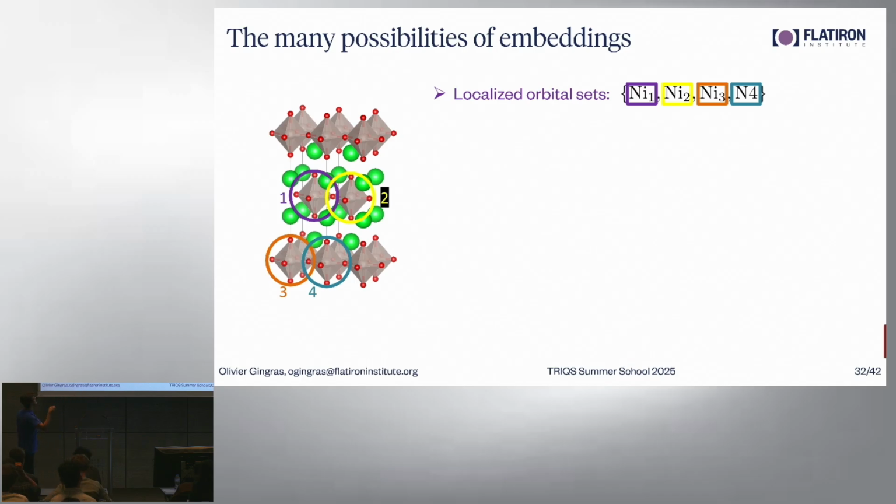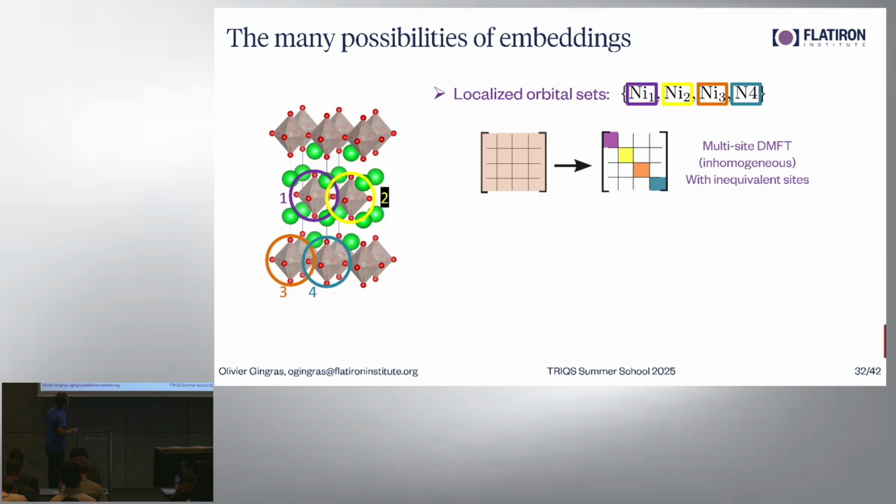So my orbital basis would be first the nickel from the 1, the 2, the 3, the 4, right? So I get some sort of matrix, and now there is the choice of how to map this to an impurity problem. So maybe I want to treat each of these atoms as a separate impurity and do DMFT on each of them independently.